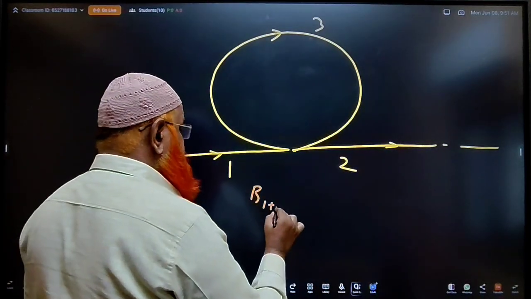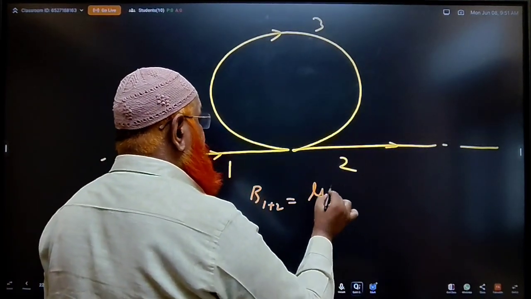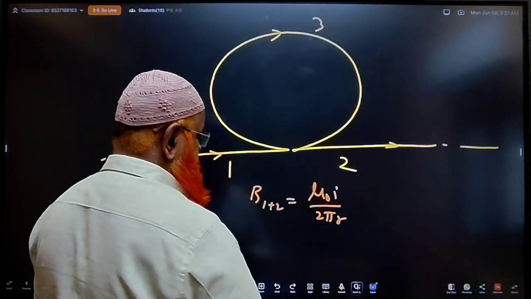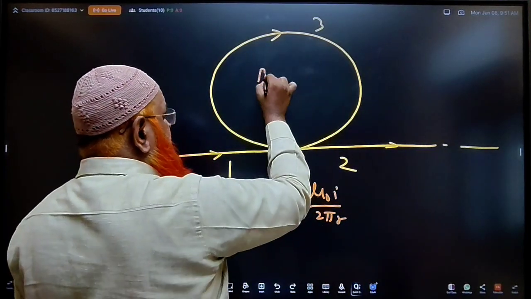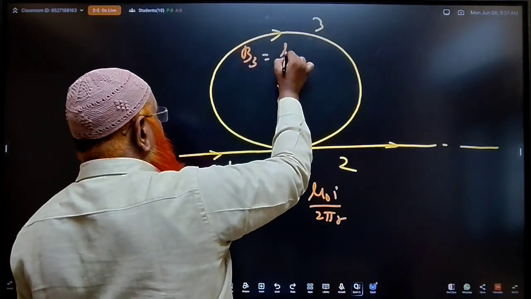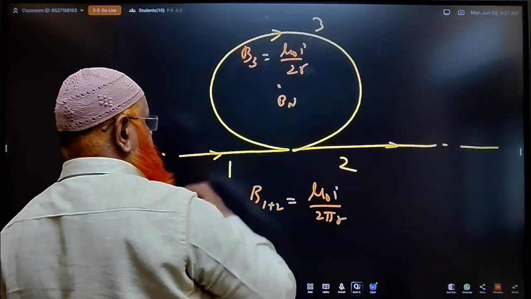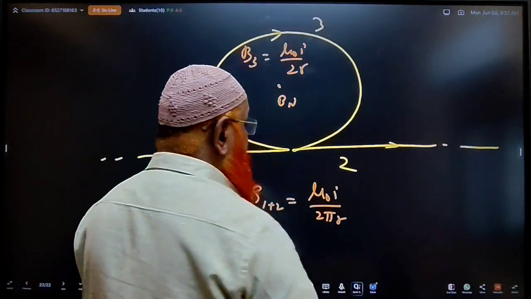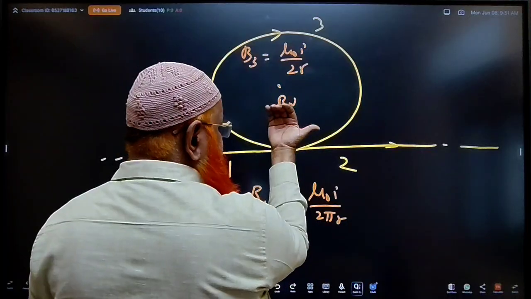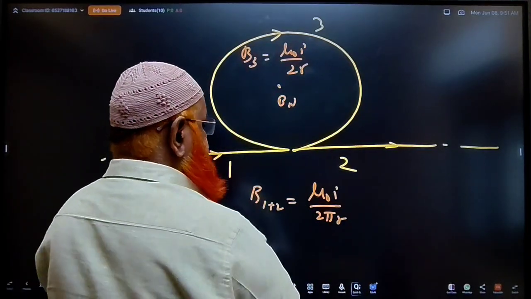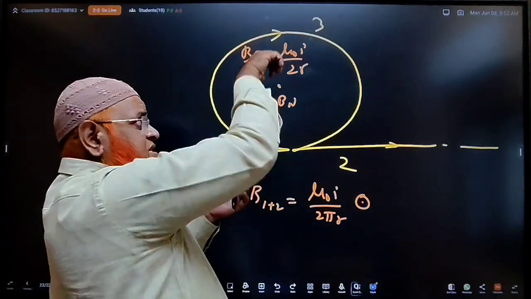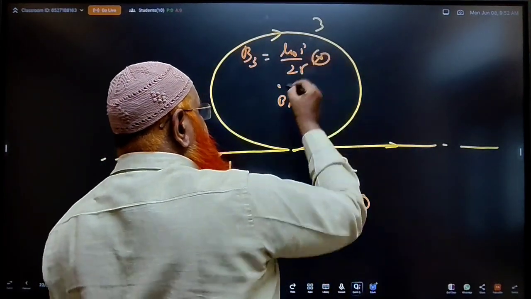So B1 plus 2 is a complete infinitely long wire, mu naught I by 2 pi r. But for the single wire B3 at this point, what is B net? B3 is a complete circle, no? Mu naught I by 2r. Okay, add them. But what is the direction? For this it is out, and for that one it is in, into.